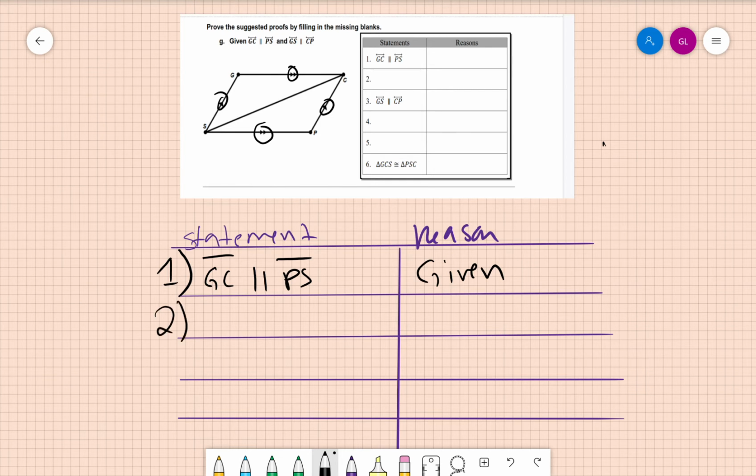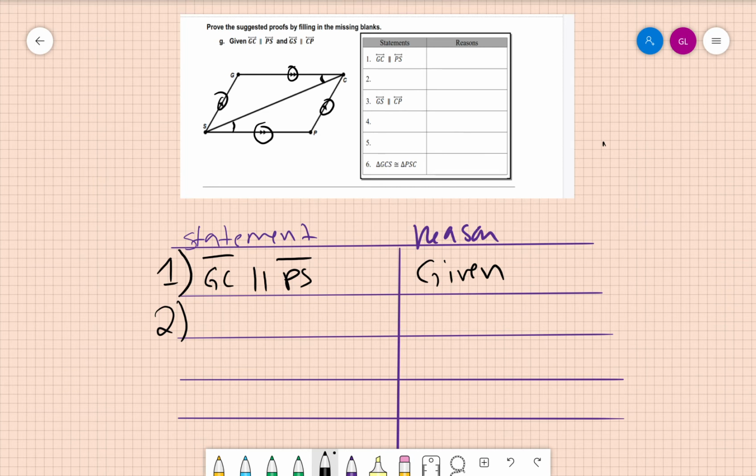Since they've told us that GC and PS, the ones with the double arrows on them, are parallel, and I see that I have my transversal right here, which is SC, I can already tell that I'm going to have an angle here and an angle here.